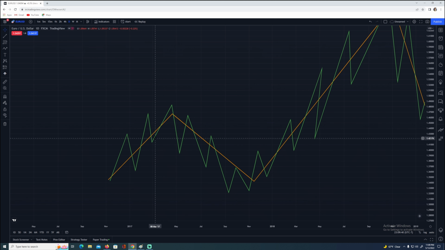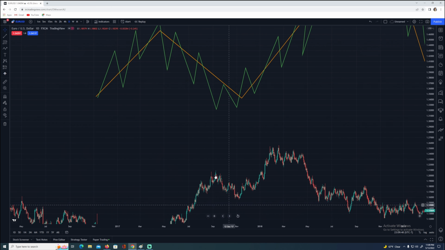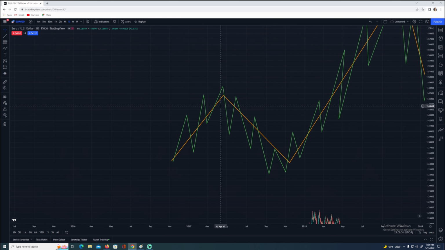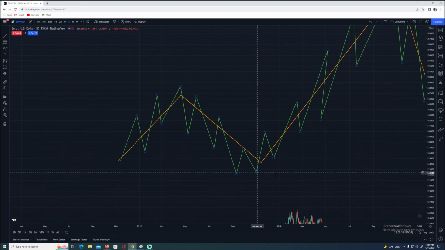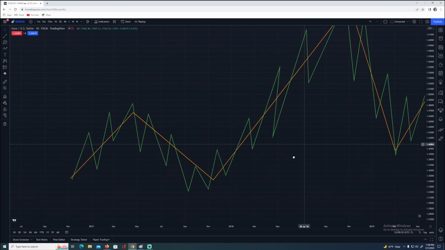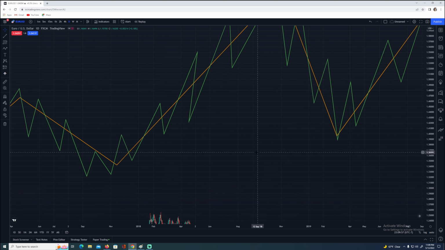And now because this fell, you're just saying, you know what, we broke structure, we are going south, all the way down here, when this is maybe just a pullback of the daily to keep going higher.